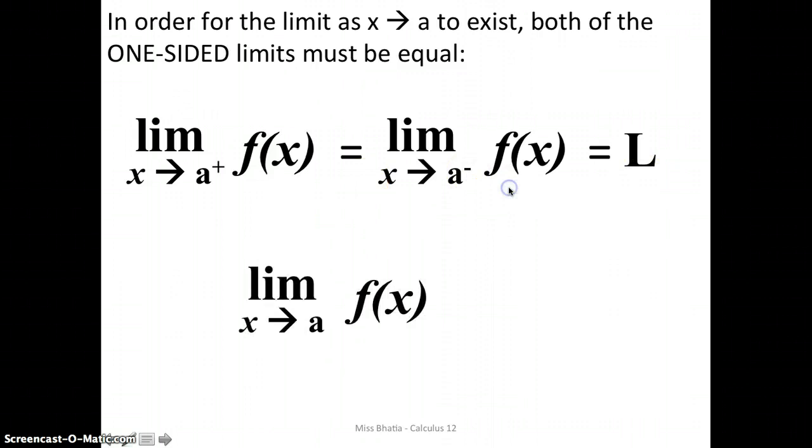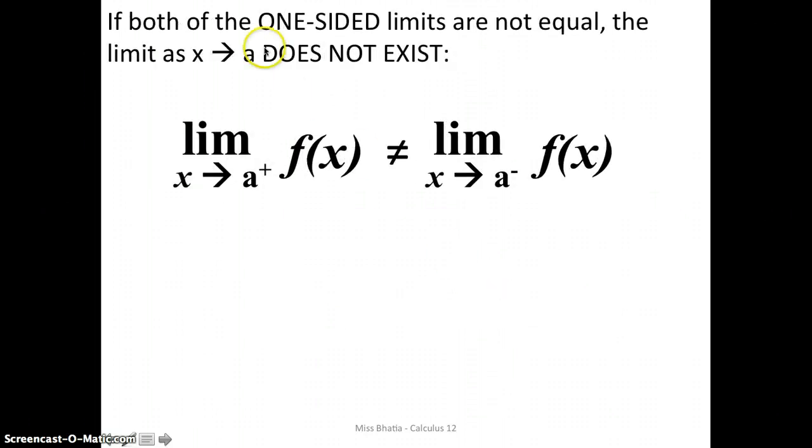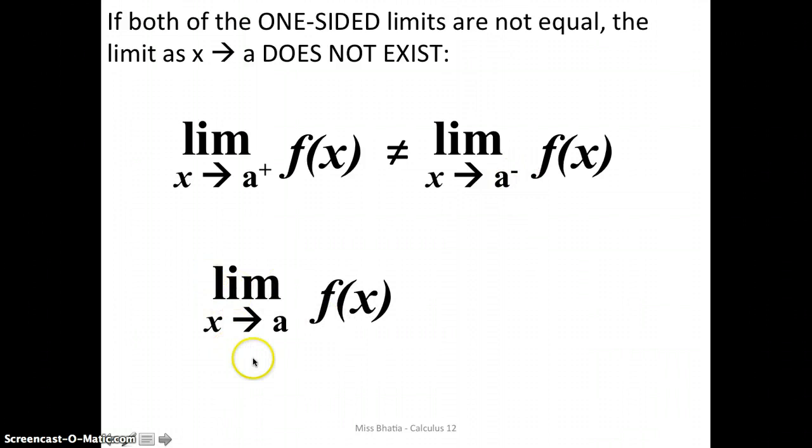If this is true, then the limit at a, from both sides, equals the existing limit. Now, if the one-sided limits are not equal, if the limit from the positive side does not equal the limit from the negative side, this means the limit at a does not exist, DNE.